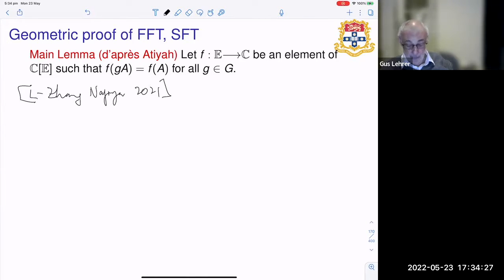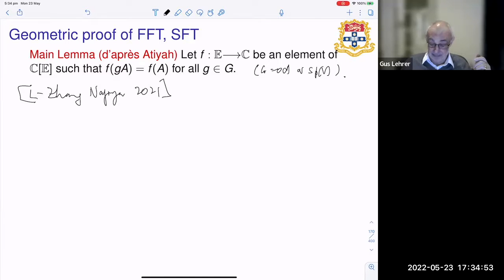It says the following. Suppose f is a polynomial function on matrices such that f of GA equals f of A for all G in G. So G, remember, is O of V or Sp of V here, although the context can be broadened.